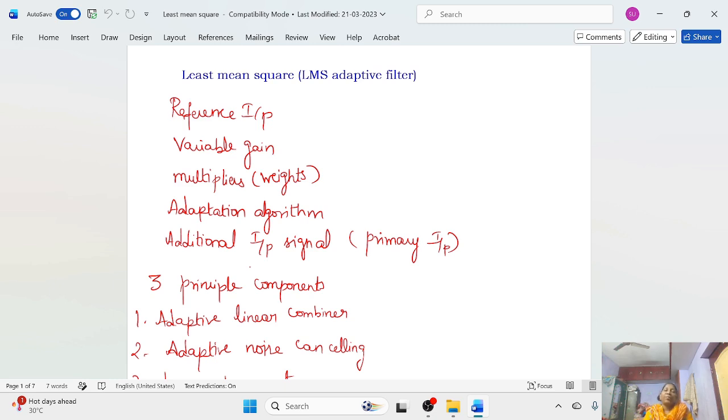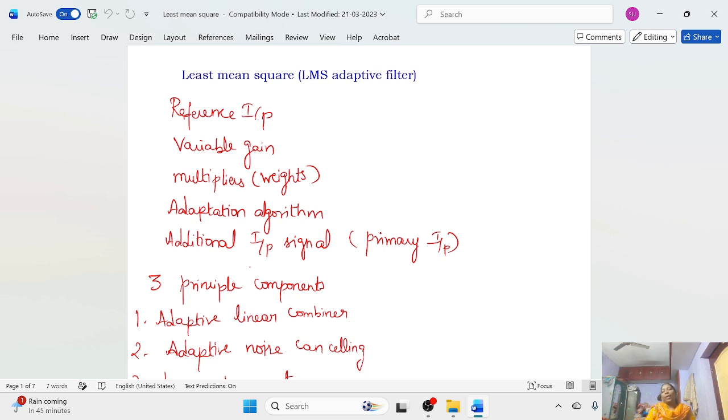Now we are going to study the least mean square algorithm. So in the LMS algorithm, what are the components involved? We need a reference input, variable gain, the multipliers which we call weights, and the adaptation algorithm, which is very important, and the input signal which we call the primary signal.